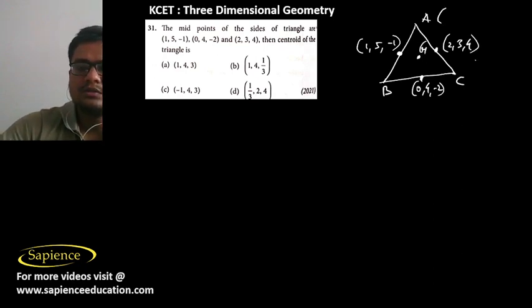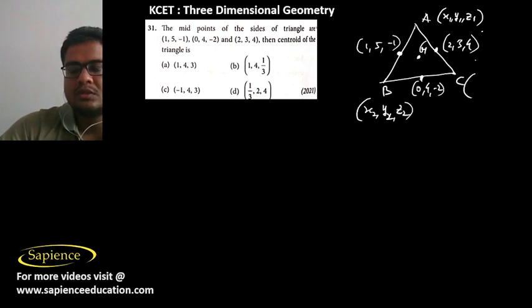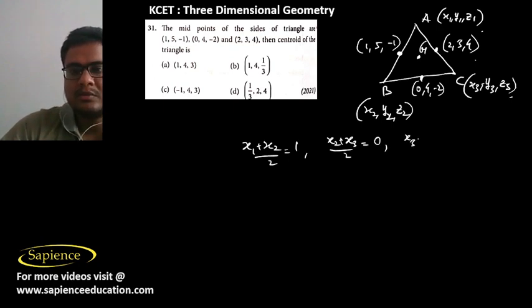So if the coordinates of the point A is x1 comma y1 comma z1, and coordinates of point B is x2 comma y2 comma z2, and coordinates of C is x3 comma y3 comma z3, then it means that x1 plus x2 by 2 is equal to 1, x2 plus x3 by 2 is equal to 0, and x3 plus x1 by 2 is equal to 2.